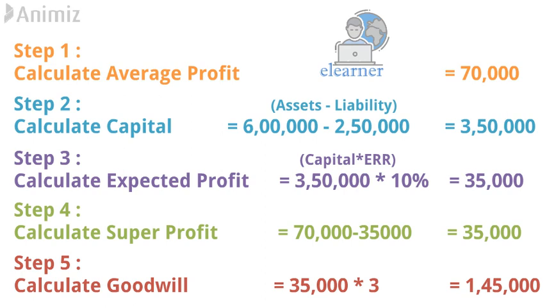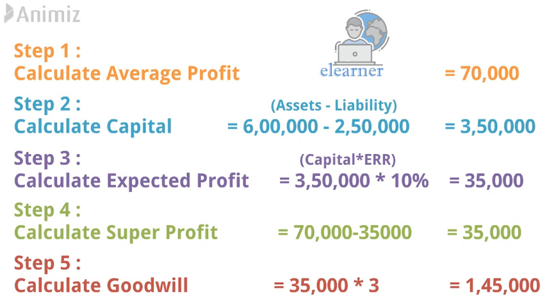Friends, the most important thing in this method is you need to memorize these 5 steps. If you understand, then it will be easier for you, because the upcoming 2 methods are a little bit more difficult than the super profit method. First of all, calculate what is the profit of your business and what is the capital of your business.